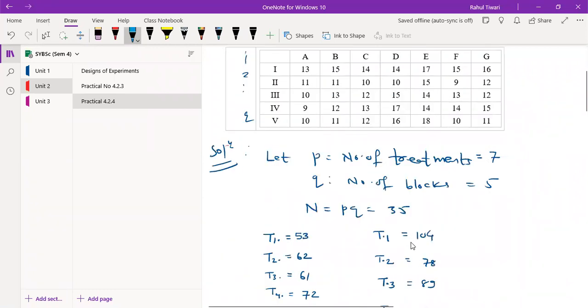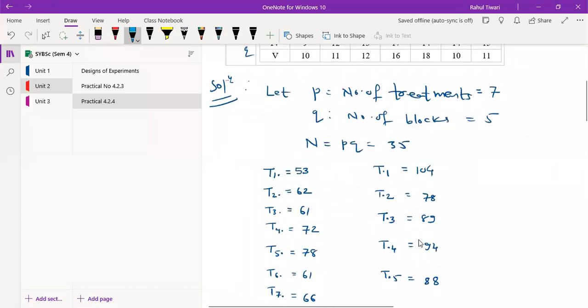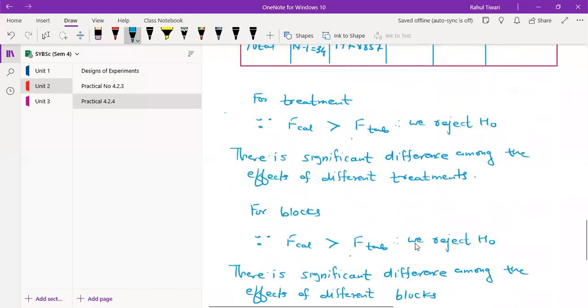So here we will use the critical difference method. Okay. So now let's write after this.